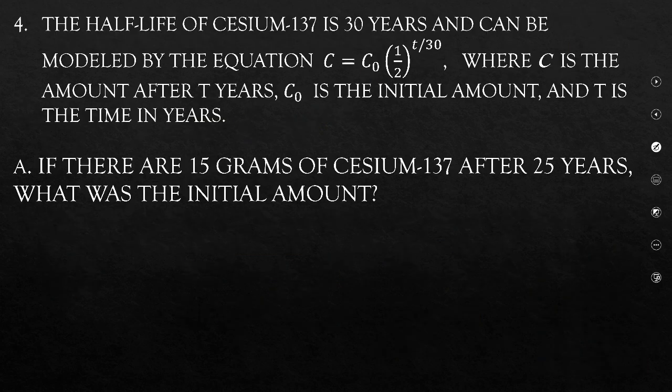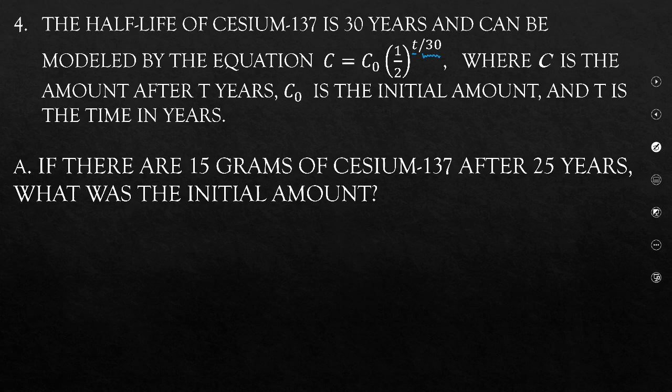Okay, now we're going to look at an actual decay function, talking about a half-life. You guys have heard about this in some of your science classes. The half-life of cesium-137 is 30 years. So you'll notice that's up here in our exponent: the time divided by the time it takes for every half-life to occur.